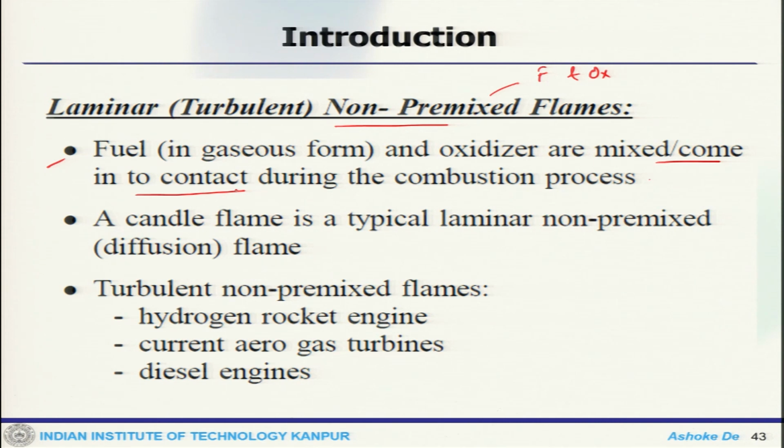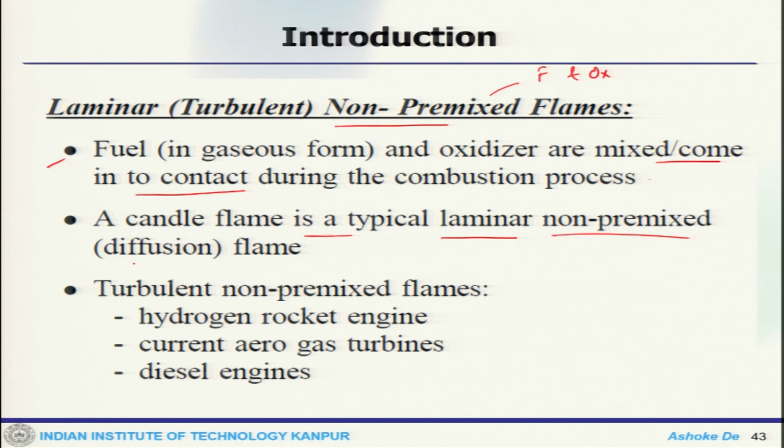One simple example is the candle flame, which we burn almost in our daily life. That is a typical example of a laminar, non-premixed diffusion flame, because the flow is so calm and nice.